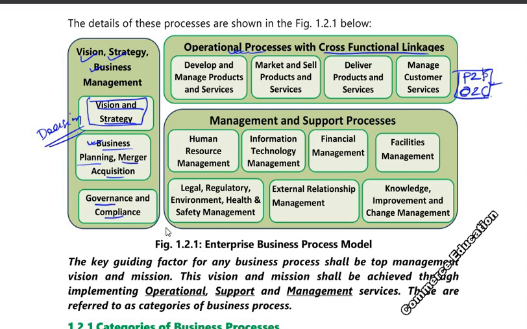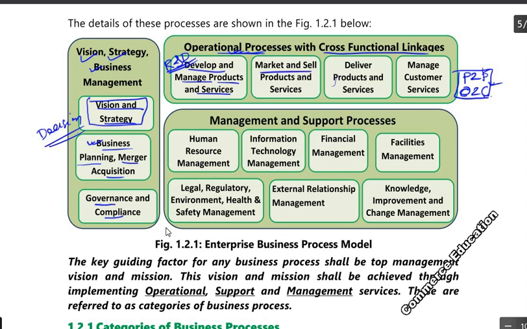So let's see, develop and manage product and services. We need to develop and manage the product and services. So here comes into play the function of the research and development department. Research and development department is for product development.